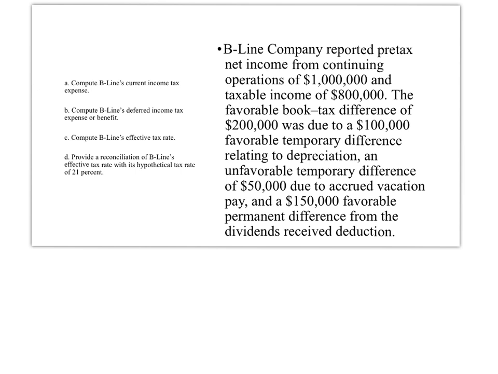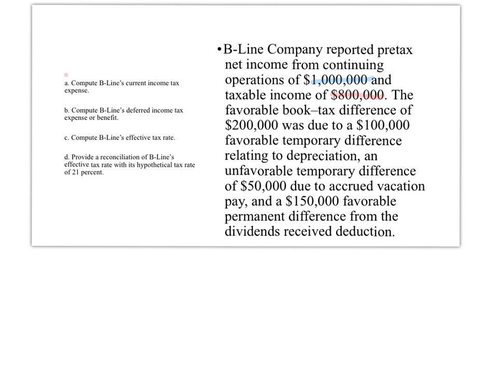And then we're given favorable book tax differences, and temporary differences related to depreciation, and we're told why. And then we have an unfavorable difference as well, and then we have a permanent difference. And so now we're asked to compute several different things.